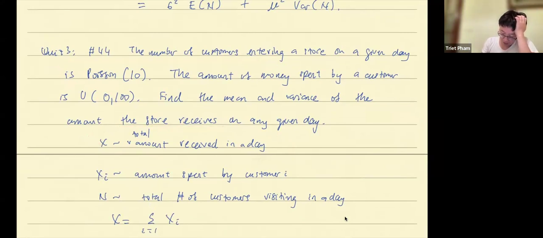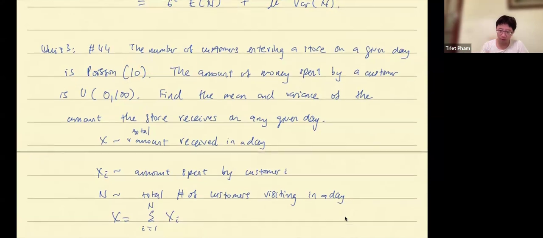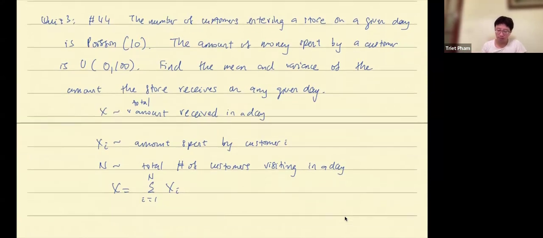I think we talked about this last time when we introduced a compound random variable. This doesn't have to be the only way, but it's one of the popular ways that a compound random variable will show up: when you have a Poisson arrival describing certain kinds of events, and each event takes on a certain random value.